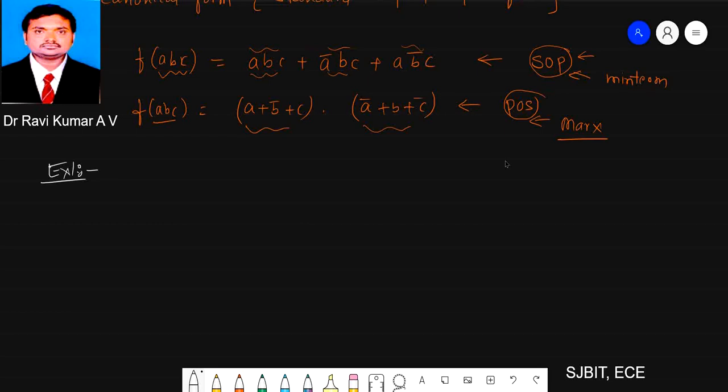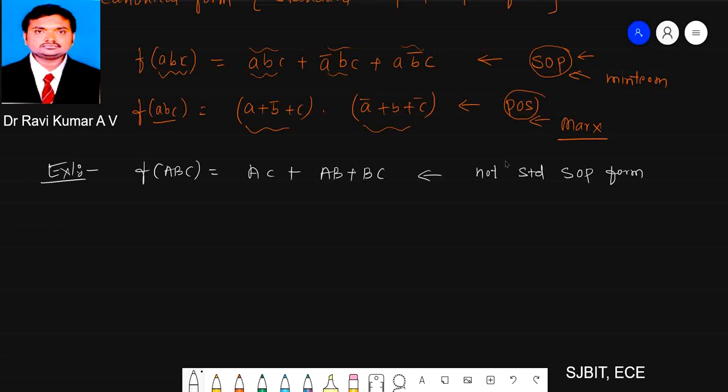Take the example f of ABC is equal to AC plus AB plus BC. This equation is not in standard or canonical SOP form, because in these terms all literals are not present.